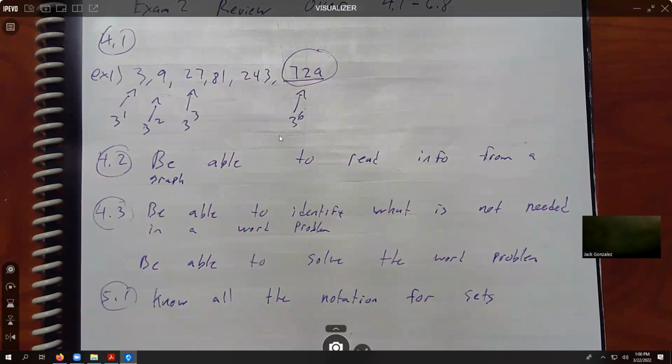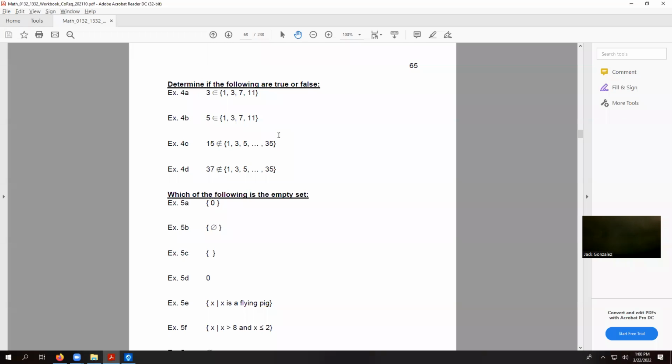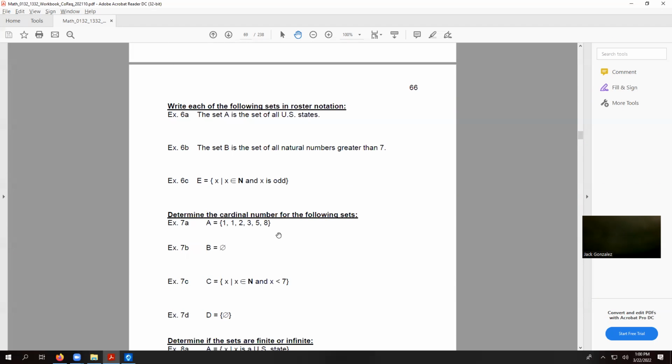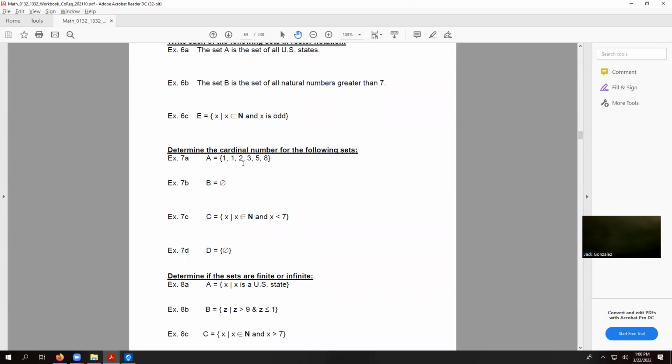Now, next thing, I don't know if that's 5-1 though. Let me see. Did they talk about cardinality here? Or did we do that later? Yeah, we did right there. Let's put our number instead.